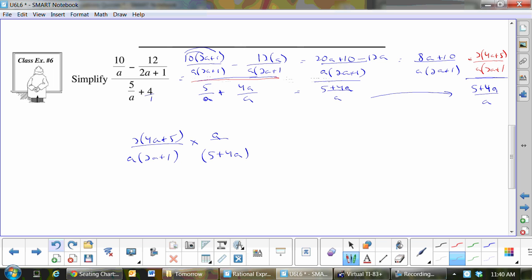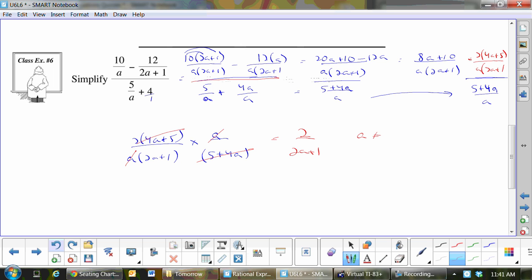What do you want to do now? Okay. 4a plus 5 is the same thing as 5 plus 4a. And the a's cancel, so then I'm left with 2 over 2a plus 1.